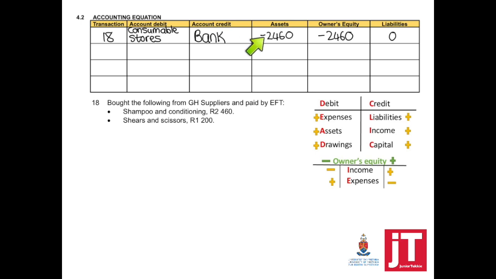Remember, it must be the amount and the sign. Then we've also purchased on the same day from the same person. We've purchased equipment, so therefore bank is credited, equipment debited, assets plus minus 1,200, nothing with owner's equity, nothing with liabilities.